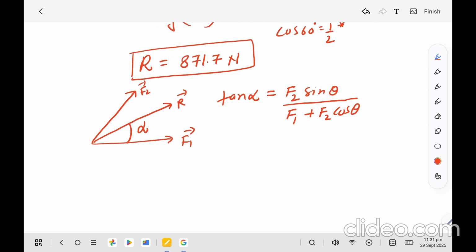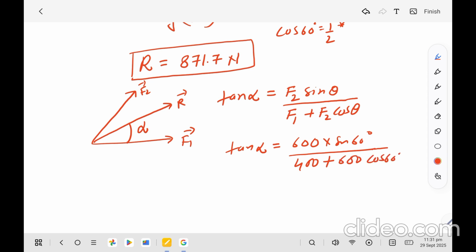So tan alpha equals 600 into sin 60 divided by 400 plus 600 cos 60, that is 600 into root 3 by 2 divided by 400 plus 600 into 1 by 2.